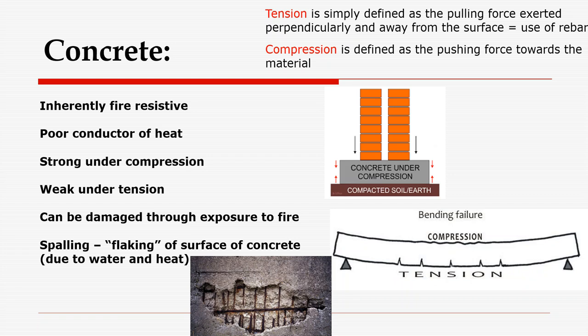One type of damage that is often talked about is spalling, which is the flaking of the surface of concrete due to water and heat pressure, and also mechanical pressure, and there's also corrosion and all those types of pressures that affect spalling. But tension is simply defined as a pulling force exerted perpendicularly and away from the surface.